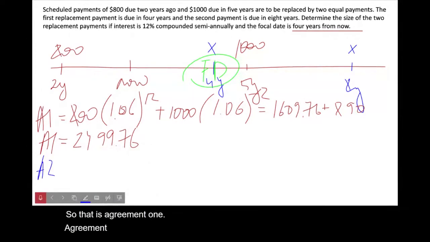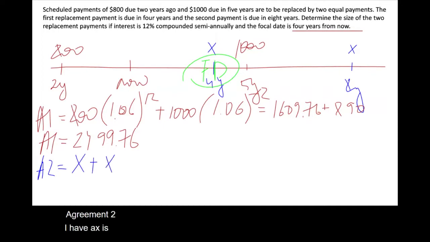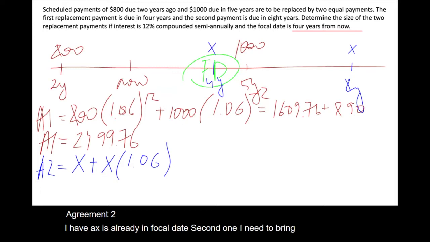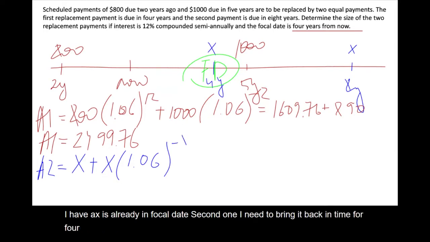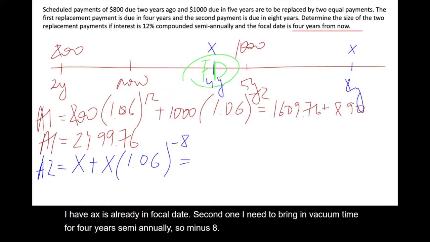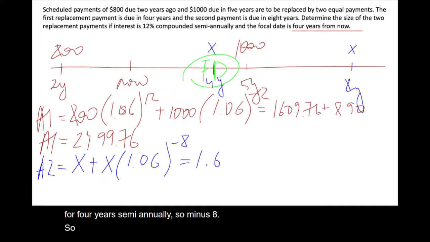Agreement 2, I have X already in the focal date. The second one, I need to bring back in time for 4 years, semi-annually, so exponent minus 8. So 1.06, I already calculated that term, and plus I added 1.